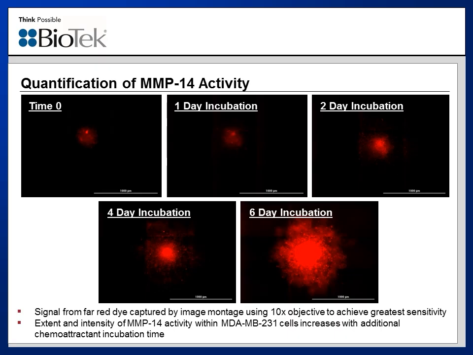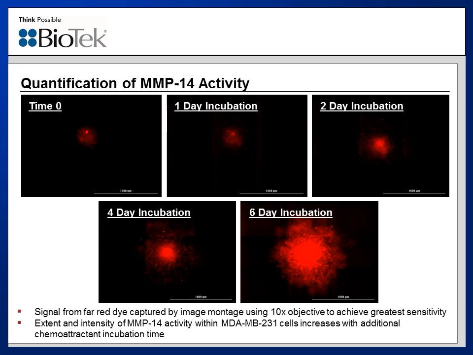However, since the invading tumoroid structure covers a large area of the well, as you've seen in the previous slide, multiple images were needed to capture the entire structure. And we accomplished this by performing a montage imaging step and then automatically having the images stitched back together into the final pictures that you see here in the slide.